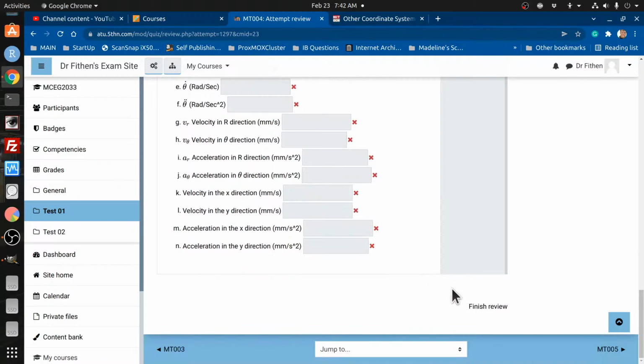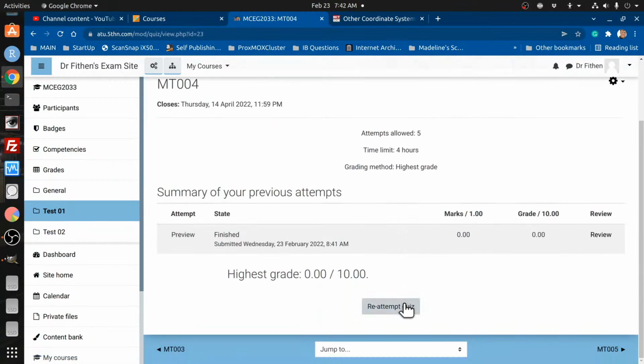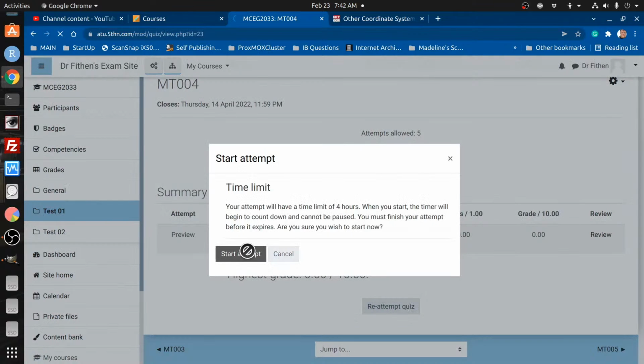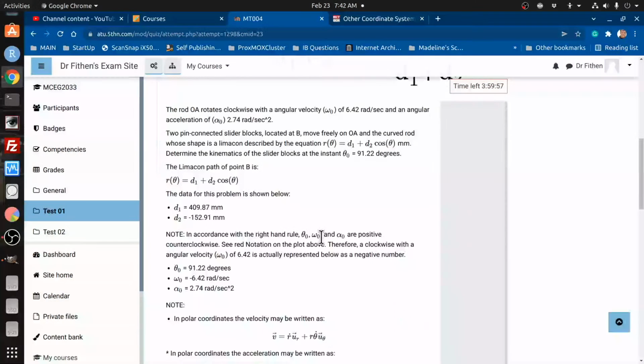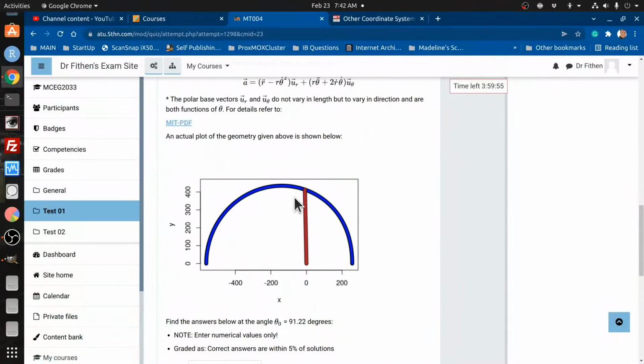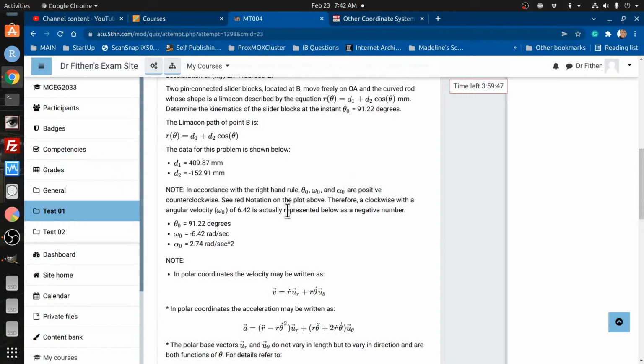I'm going to reattempt it now, remembering the geometry. This time you notice this picture is different. This looks like it's tilted almost 92.3 degrees. So guess what?